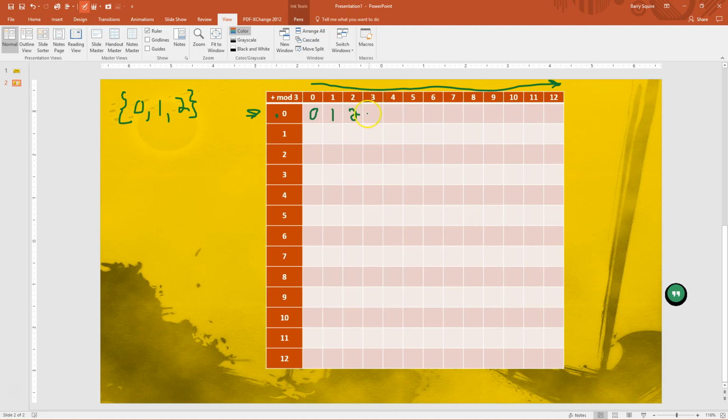But I can't use 3, so I have to start over at 0. 0 plus 4 is 4, but I can't use 4, so I have to keep going with my pattern. 0, 1, 2. 0 plus 5 is 5, so that's got to be 2. 0 plus 6 is 6. That's going to be a 0.